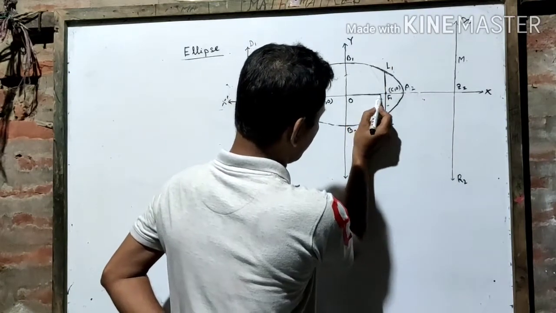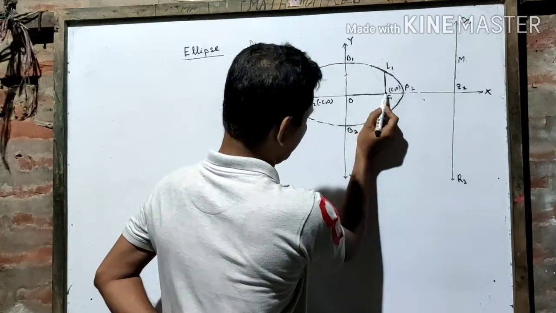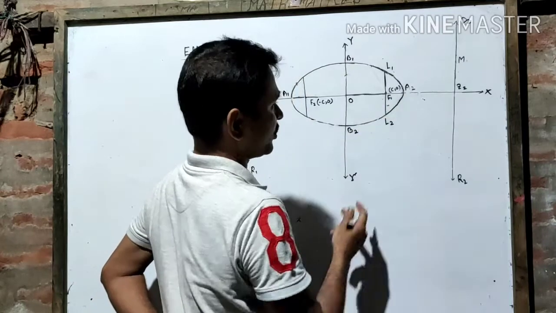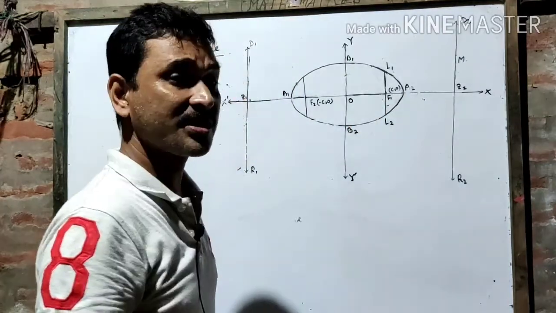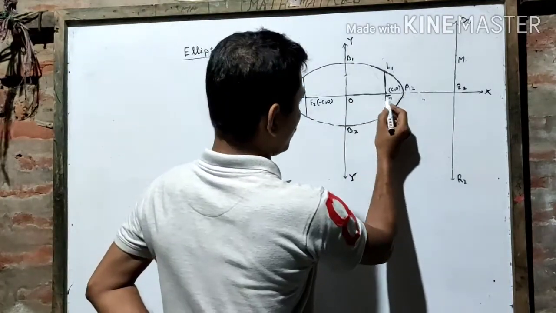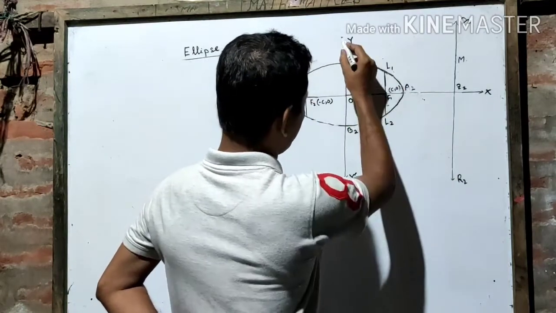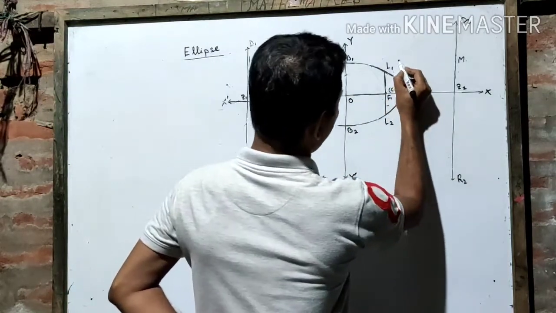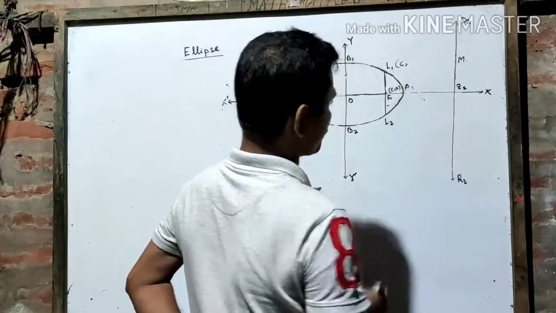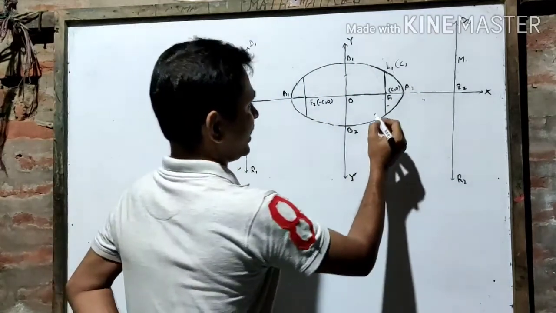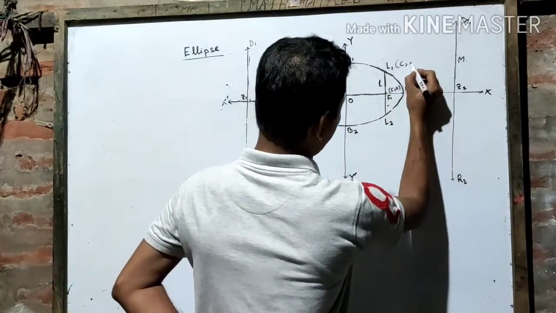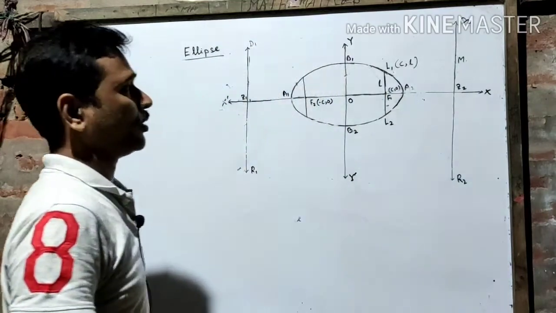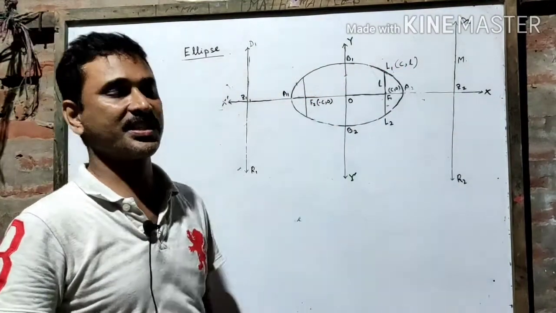Obviously the x coordinate is c. This length OF1 is c because coordinates of the focus is (c, 0). This is a line parallel to y axis, so x coordinate of this point is also c. And let the y coordinate be l. We are going to find the value of l. So coordinates of L1 is (c, l).